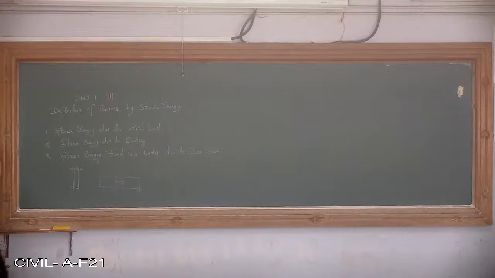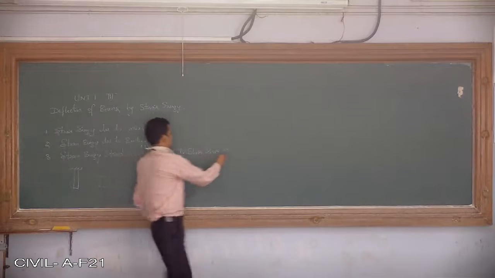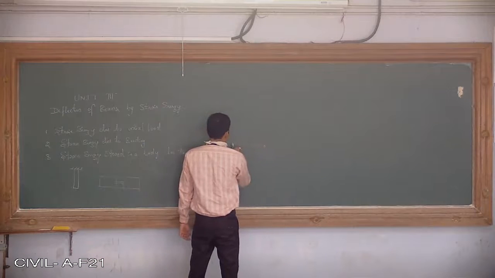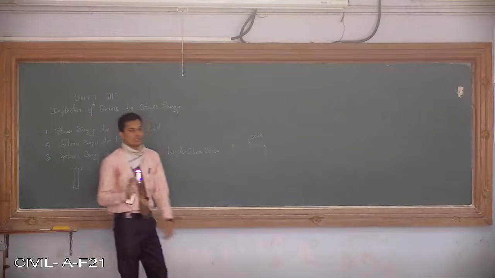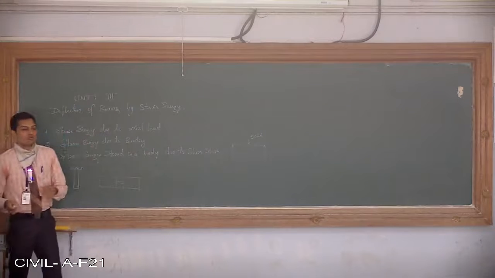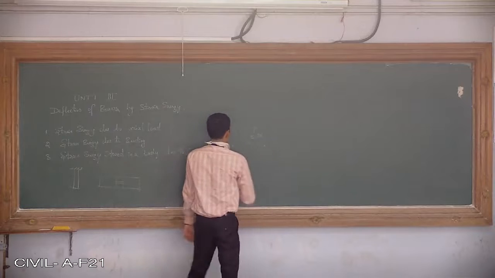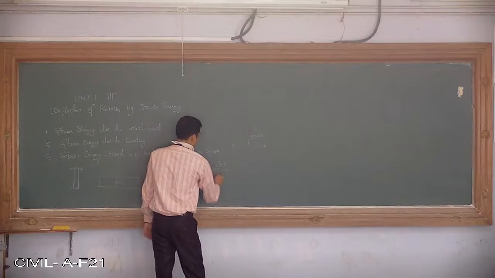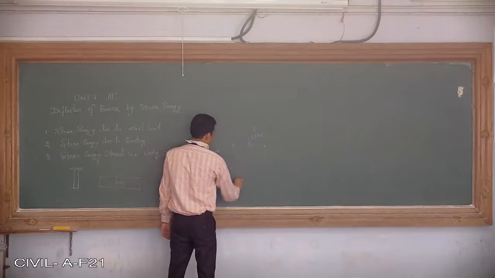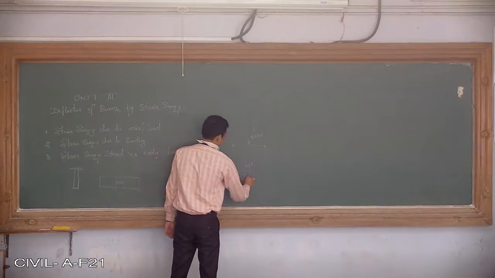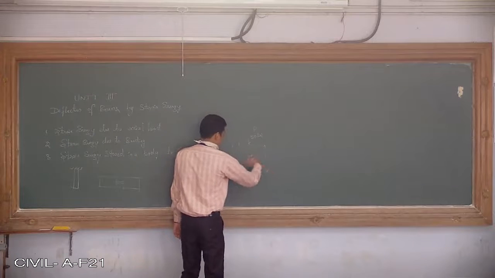In a point load case, I solved the numerical taking 50 kilonewton or 100 kilonewton, simply supported as well as cantilever. You have to treat this load as P, so that when you write the strain energy equation, dou U by dou P is integration of M square divided by 2 EI dx.